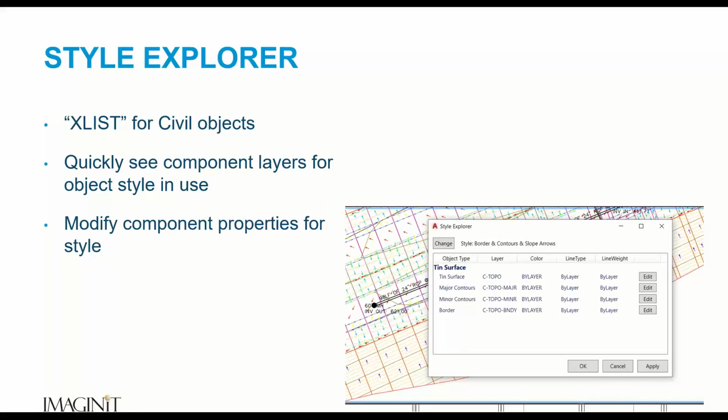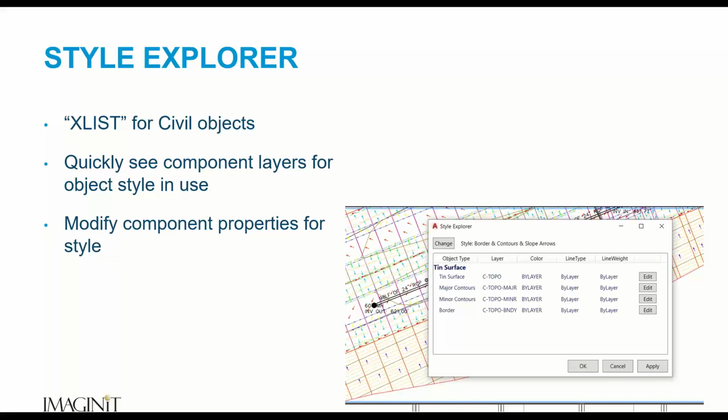The last tool that's brand new, we call Style Explorer. The way that we thought about this tool for a long time internally was XList. It's kind of like XList for civil objects. The reason we say XList is, so many times when working with Civil 3D, users may list, let's just say, a surface object.